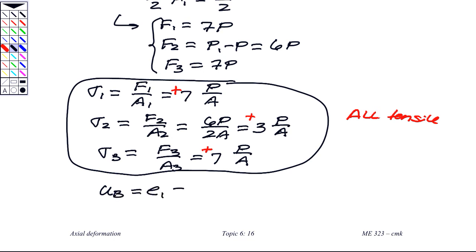You can calculate that out using those elongation equations, and UC is equal to E1 plus E2. Again, once we know our axial loads F1, F2, and F3, we can calculate those elongations and get the displacements at B and C.